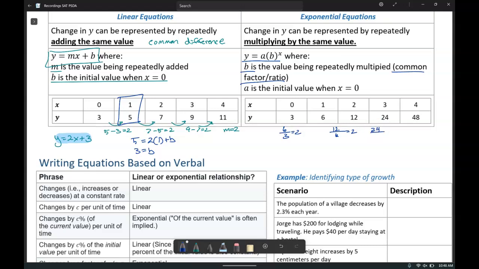We can continue that pattern, and we see that we get the same ratio of 2. So our common ratio, our b value, is 2. And then we can again look for our starting point, and we can identify it and get our equation: y equals a times 2 to the x power.